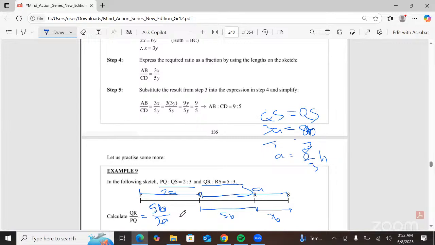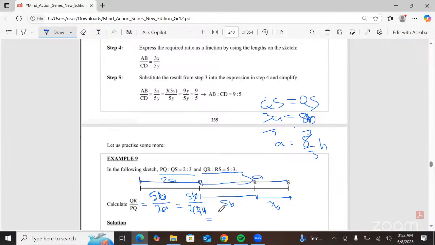Now come here and have 5B all over 2 times 8 over 3B. Then the B cancels with the B, and you are left with 5 over 1 divided by 16 over 3. This gives me 15 over 16. Then you are done. Does it now make sense?